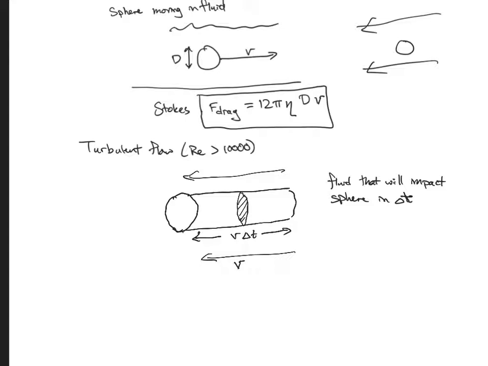So let's say that the cross-sectional area of this tube of air that's going to hit it, which is also equal to the cross-sectional area of the object, is A. So A is the area of the object perpendicular to the flow.